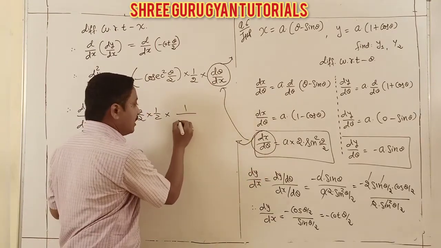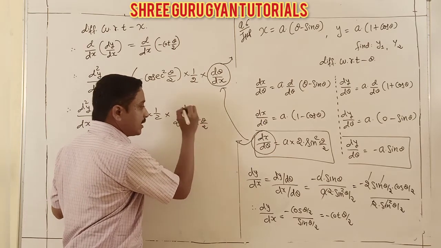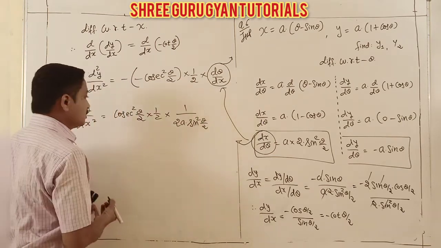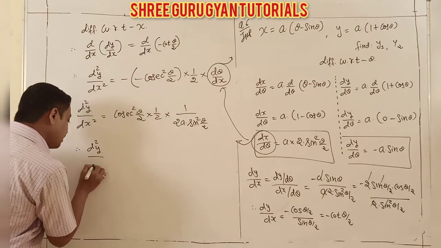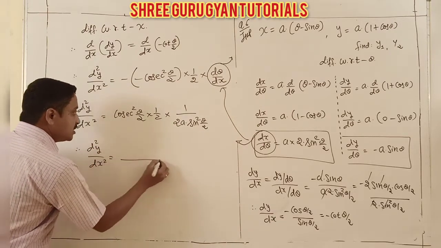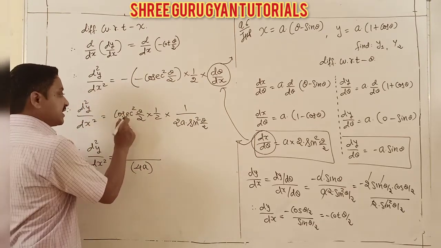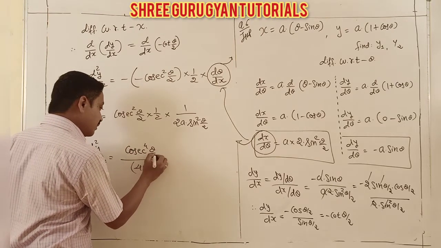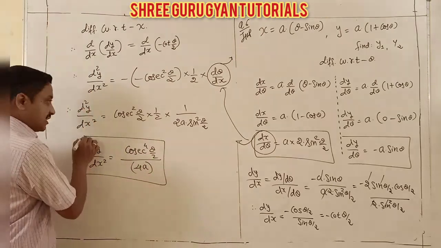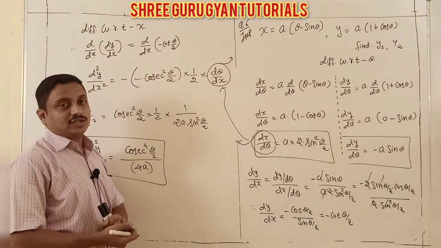It is 1 by 2a sin square theta by 2. So the 2 times 2 is 4, and these are taken to the upper side. So d square y by dx square is here 1 by 4a, and taking sin square to the upper side, it is total cosec raised to 4 theta by 2, because sin square is the reciprocal of cosec square, and this cosec square, and this cosec raised to 4.